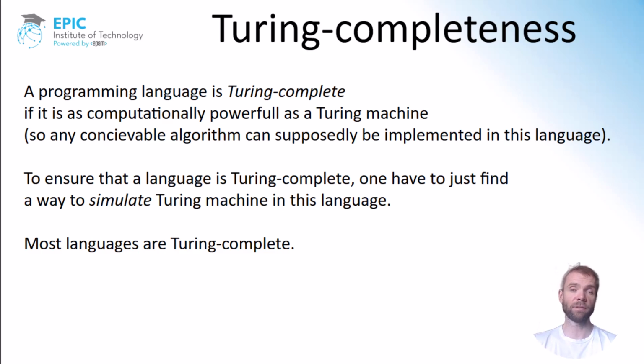And if we believe the Church-Turing thesis, that any algorithm can be implemented in principle on a Turing machine, then if we say that some particular programming language, say Python or C# or whatever, is Turing complete, it means that any existing algorithmically solvable problem can be solved in principle using this language as well.